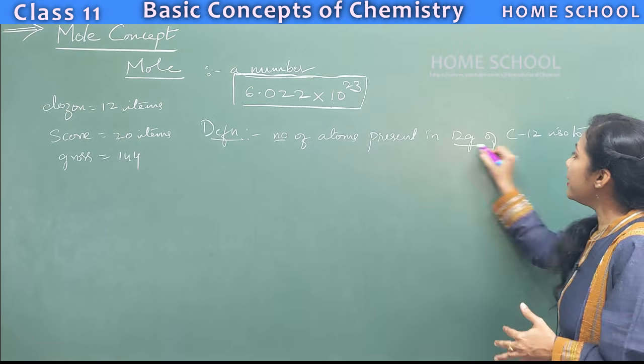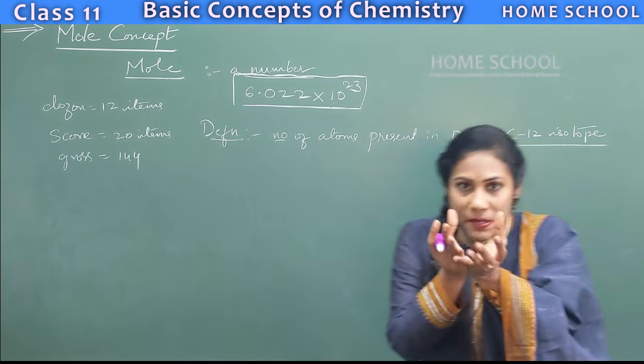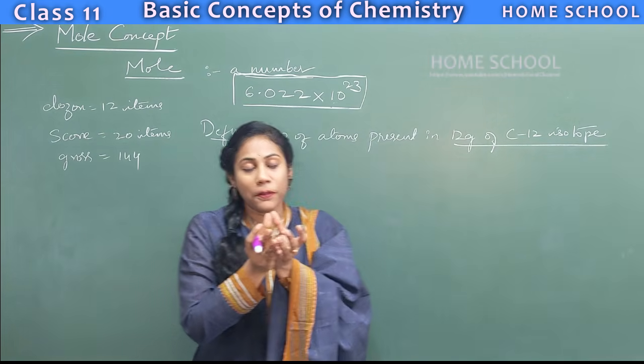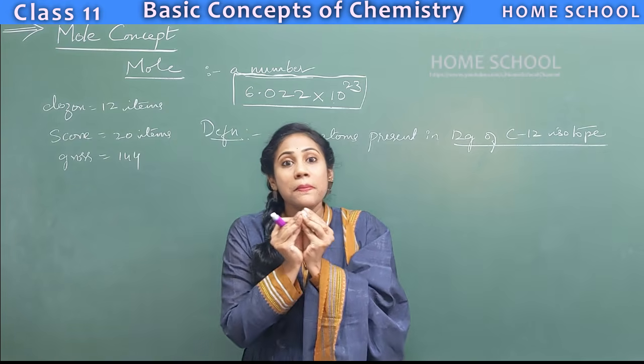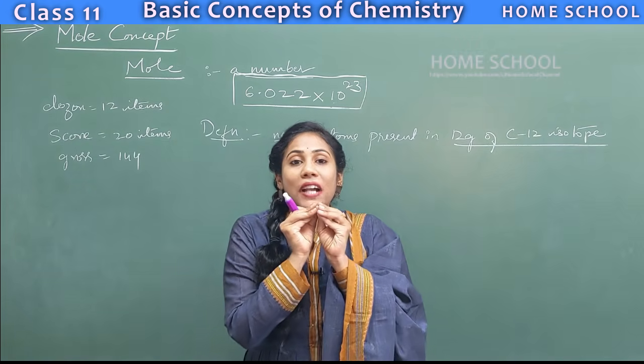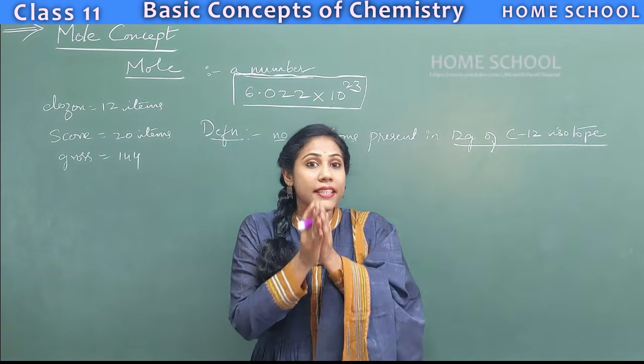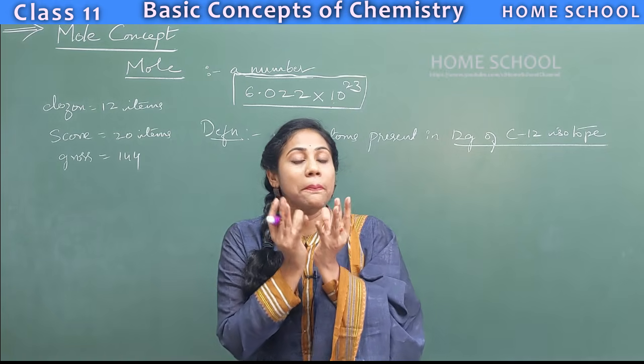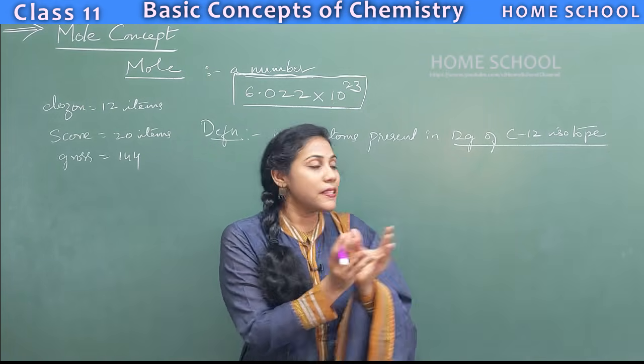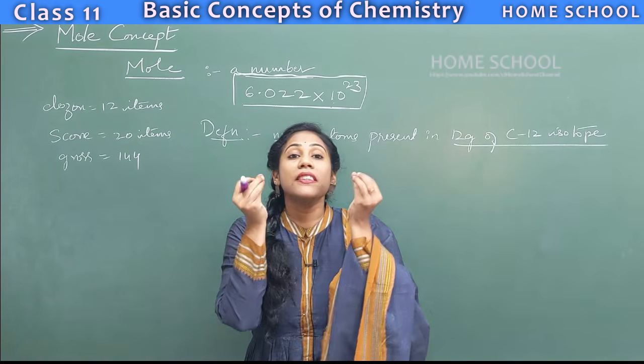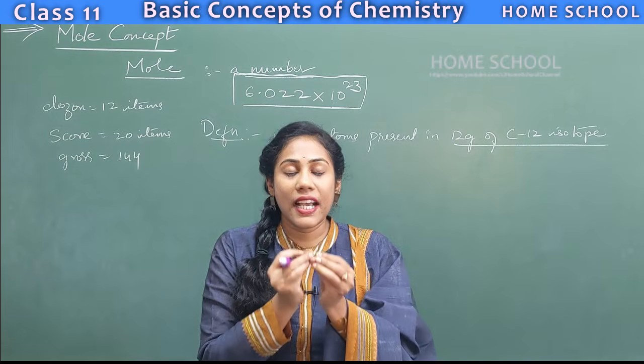Imagine you have 12 grams of carbon 12 isotope. In that 12 grams there would be some number of carbon atoms, isn't it? That number we are calling a mole.